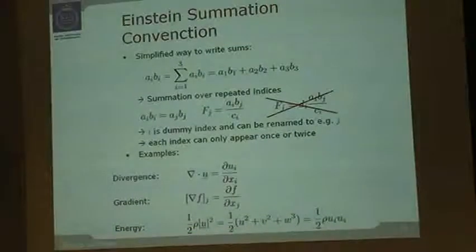Maybe, as this is an introduction lecture to turbulence, I just have this one slide about the summation convention, something that people usually use in turbulence. It's a way to write sums like this, which usually appear when writing important terms.